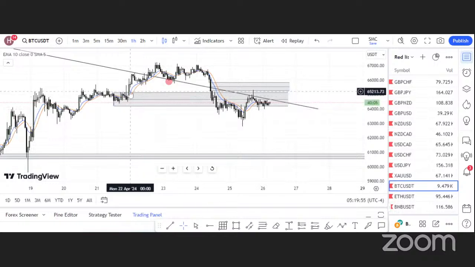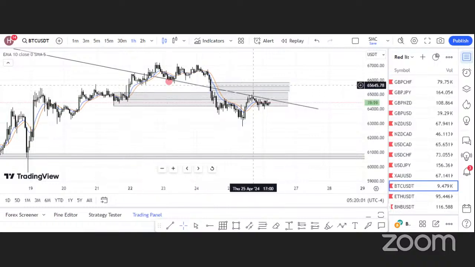So for this kind of analysis, I mostly prefer the market come into the 50%. Even though it doesn't touch the whole 50%, at least it should come close to the 50%, right? But in this case, the market just tapped inside the fair value gap and then started making a bearish move, right?